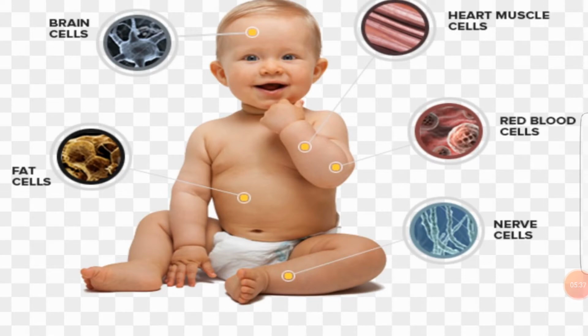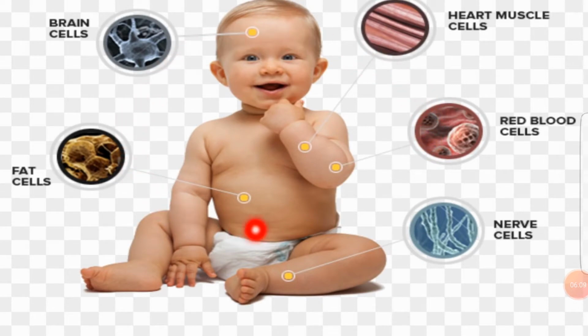Okay, the next example is about the human body, and which types of cells make up the human body. The examples are heart muscle cells, red blood cells, nerve cells, fat cells, and brain cells. The arrow which is present here represents the presence of these cells.